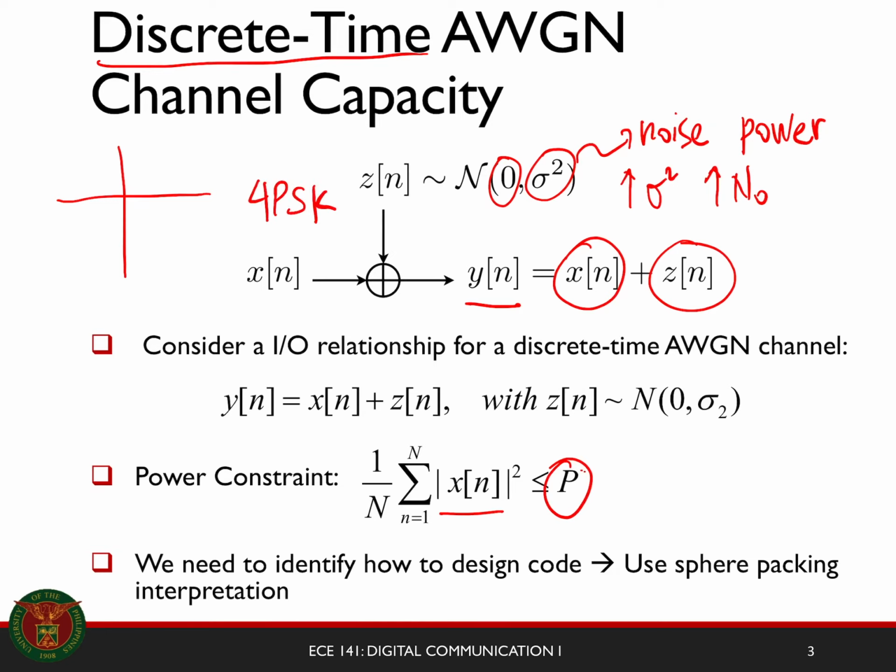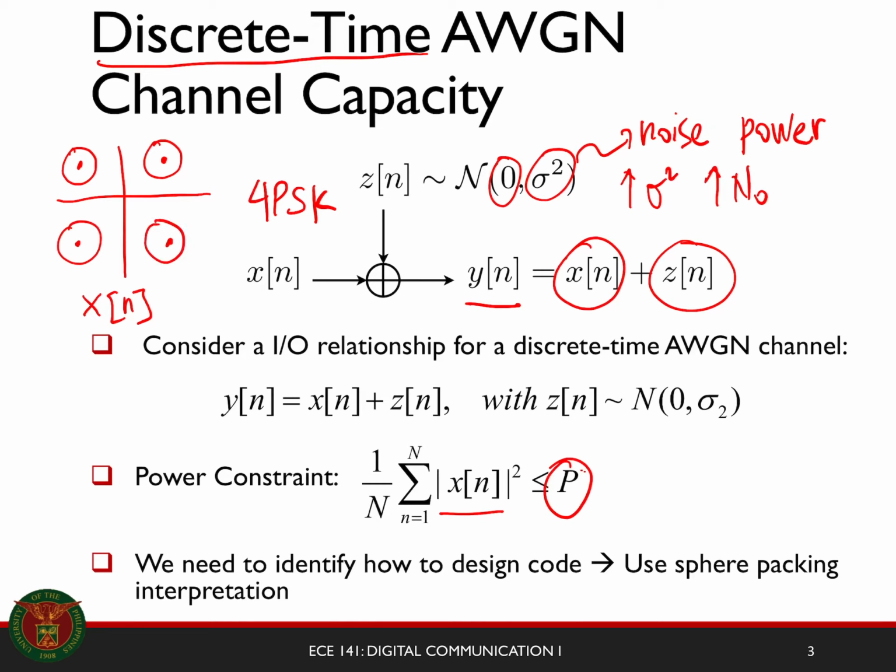The 4PSK constellation looks something like this. If we make the distance between symbols large enough, then the received symbols, given this is x of n, are somewhere in this circle, depending on the noise level.